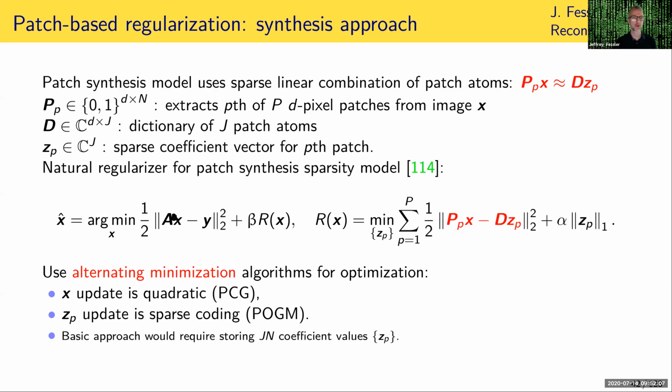When we're minimizing over X, you notice there's a quadratic term here, quadratic term here. Once again, conjugate gradient is the natural thing to apply there. When we're minimizing over Z, fortunately, there's no matrix in front of Z here, so this is simply, oh no, but there is a matrix in front of Z here. So this is a sparse coding problem. And so actually I recommend using the proximal optimized gradient method for that inner problem in minimizing over Z.